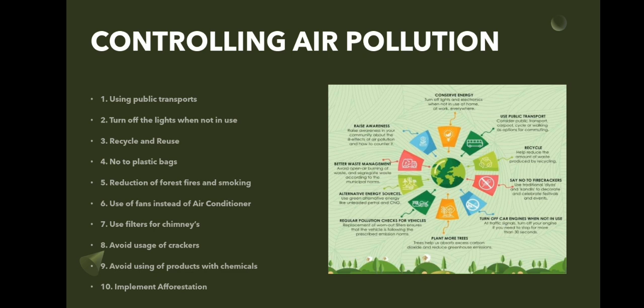Controlling air pollution: using public transport, turn off the lights when not in use, recycle and reuse, say no to plastic bags, reduction of forest fires and smoking, use of fans instead of air conditioners, use filters for chimneys, avoid usage of crackers, avoid using products with chemicals, implement afforestation. So that is the 10 ways of controlling air pollution.